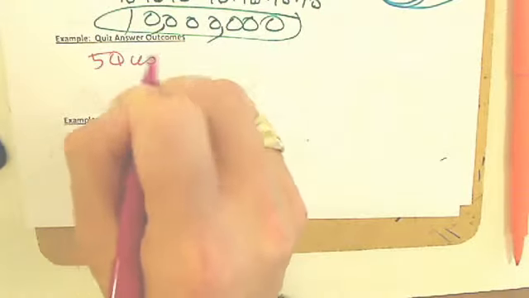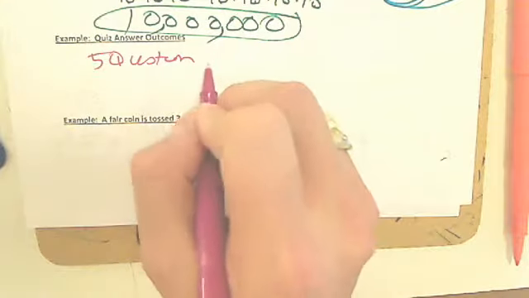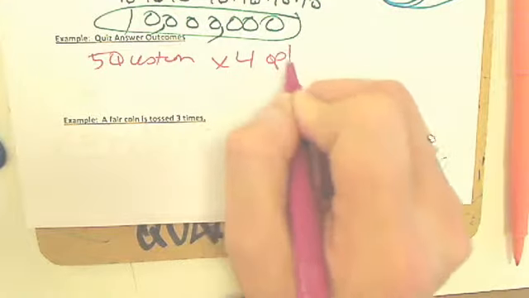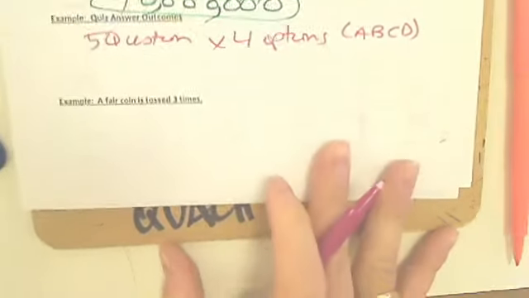Let's calm down. All right, quiz answer questions. Now, you take quizzes every week. Let's say we have 5 problems and there are 4 answers, A, B, C, and D. How many possible quizzes could I make without repeating a quiz key?